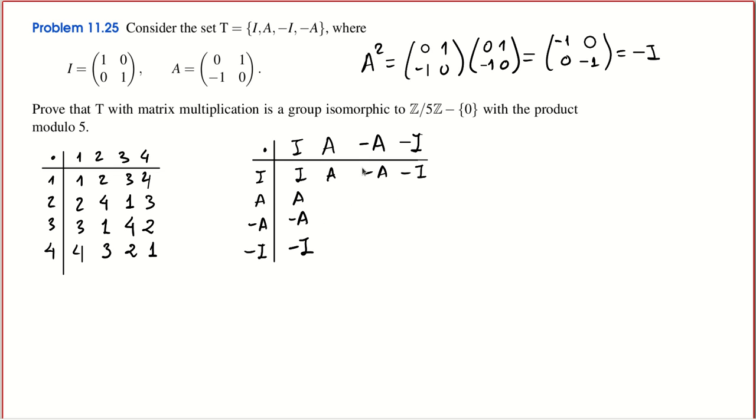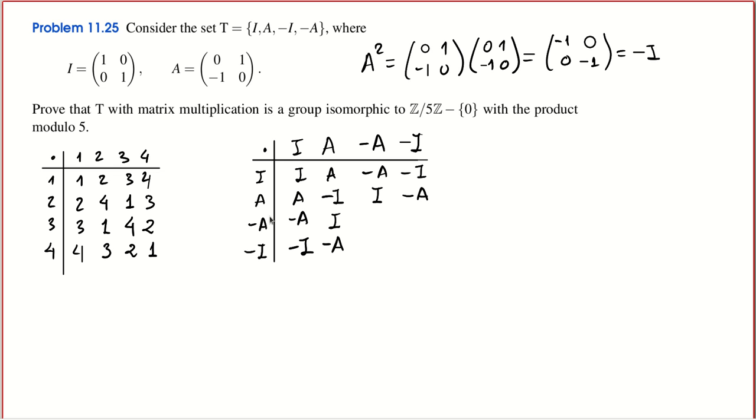So A squared is negative I, as I said. Then negative I squared, multiplying these two, is I, so you have I here. Then you have A times negative I, which is negative A, so you have negative A here.